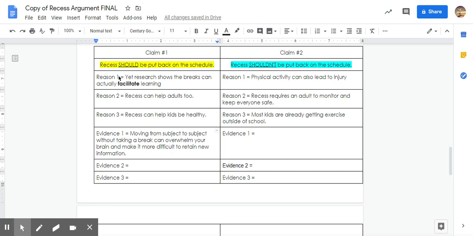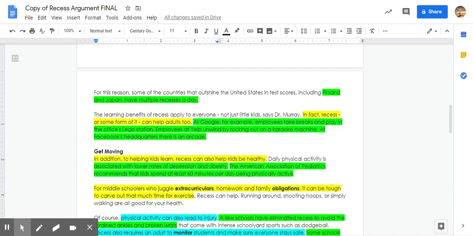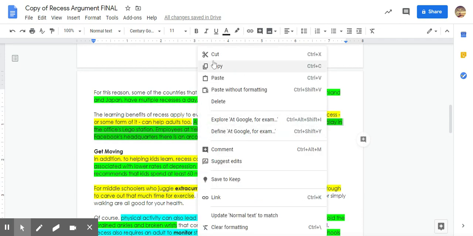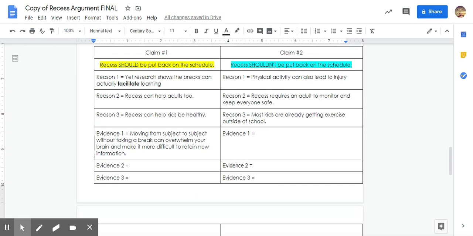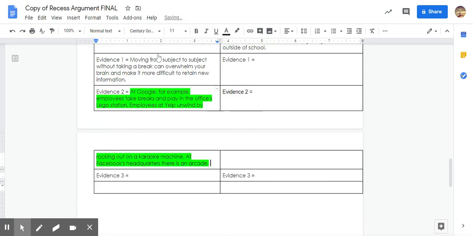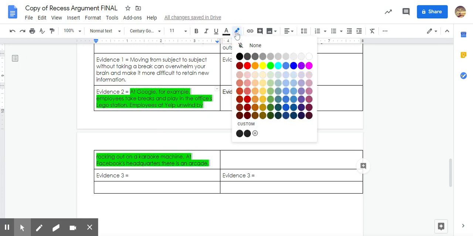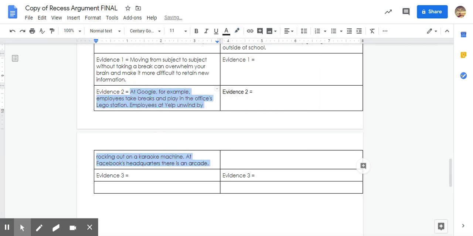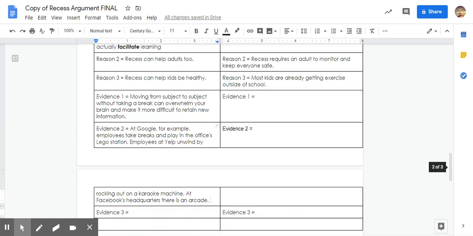Then we've got reason 2. Recess can help adults too. So if I scroll back, what I'm looking for here is that big piece of evidence where it talked about Google, Yelp, and Facebook employees. And I'm just going to paste it down here. I'm going to remove the highlighting just so that everything looks the same here. And then we've got reason 3.